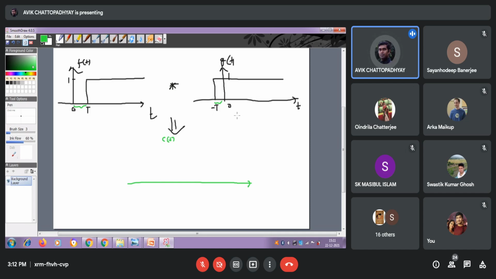So just after flipping, whatever you are getting corresponds to the value at the origin for this resultant signal. So here in this case, if we just flip it, then at that point, what value are you getting? After multiplying, you have to find out the area. So are you getting any area?